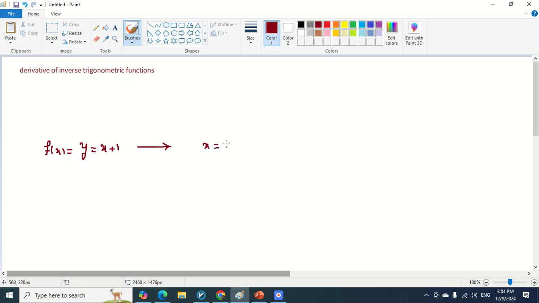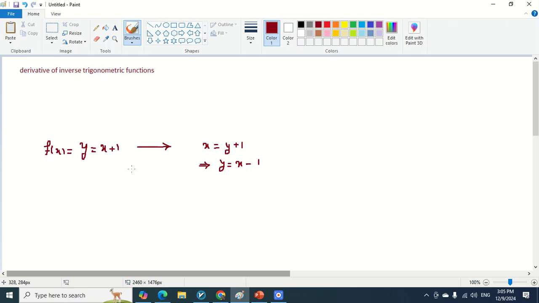So it will be x equal to y plus 1. And if I solve this equation with respect to y, then the result will be y equal to x minus 1.